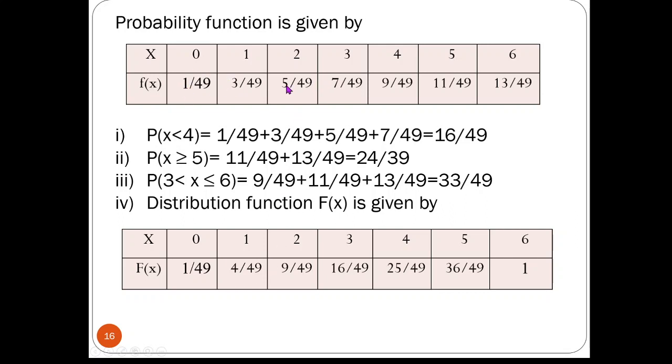For 2, 5 plus 3 plus 1, that is 9 by 49. For 3, it is 16 by 49. For 4, 25 by 49. For 5, it is 36 by 49. And finally, for random variable 6, or for the last random variable, the distribution function has a value 1.